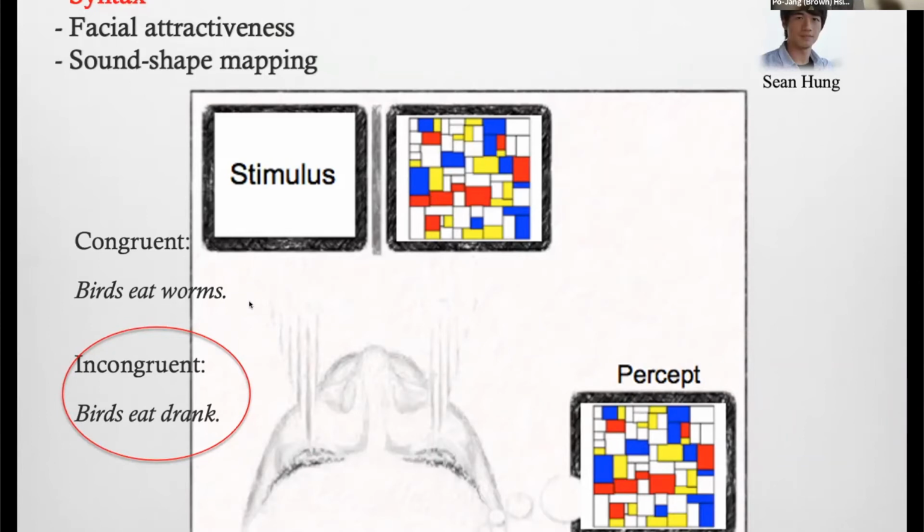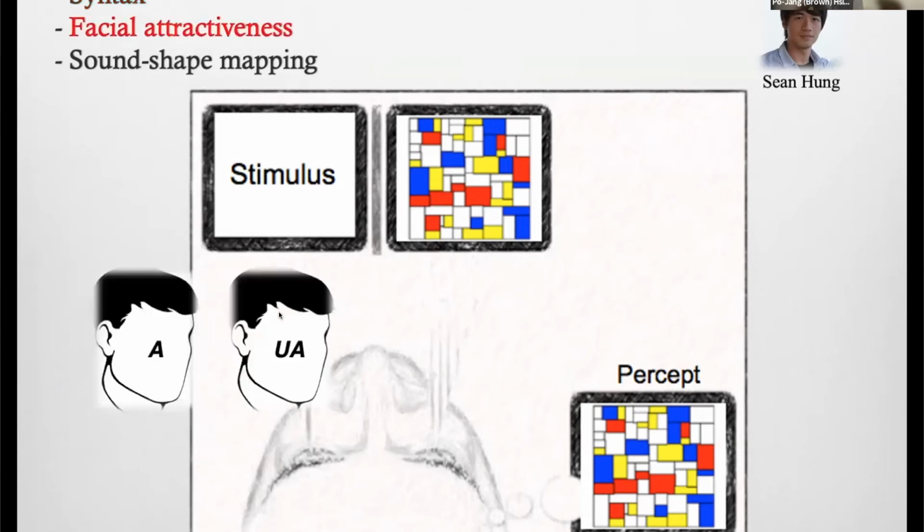So in other words, even though in the beginning your brain is not consciously perceiving these sentences, your brain is still unconsciously processing them, so that one of the conditions will be processed much more efficiently and enter your consciousness much faster than the other condition.